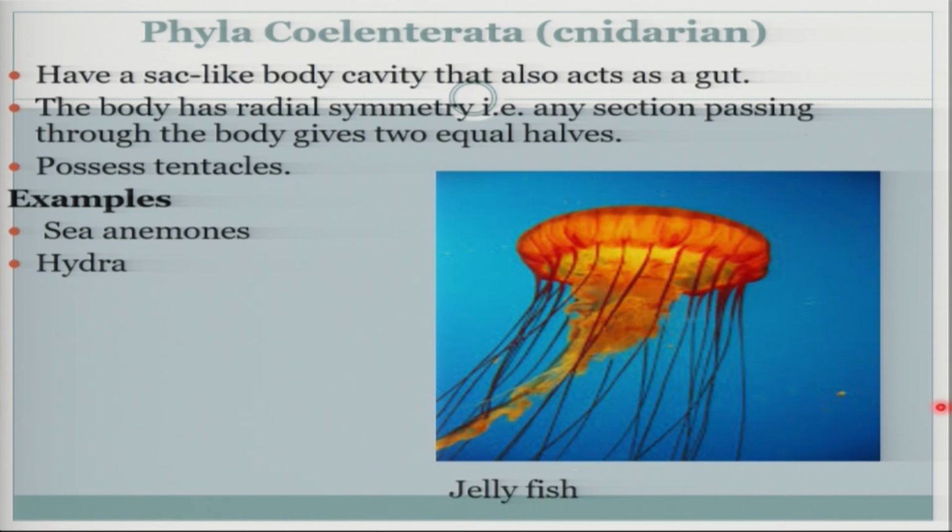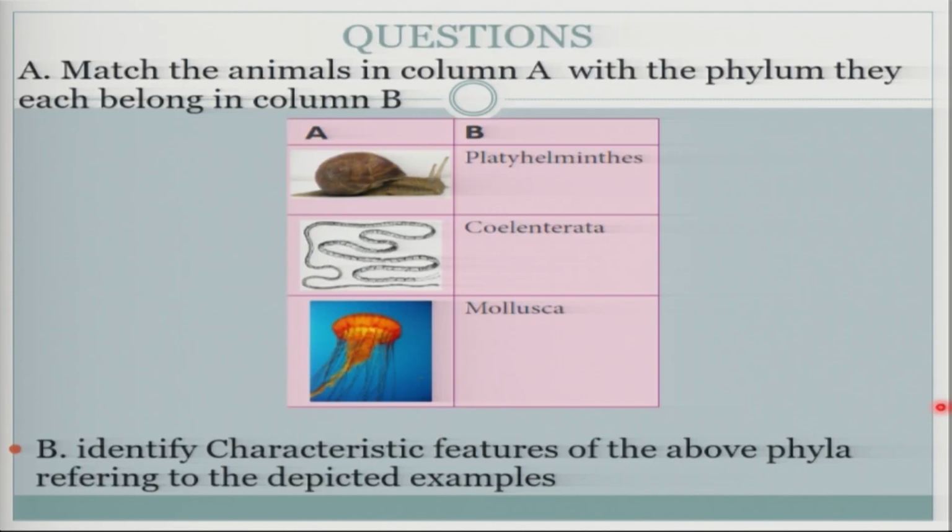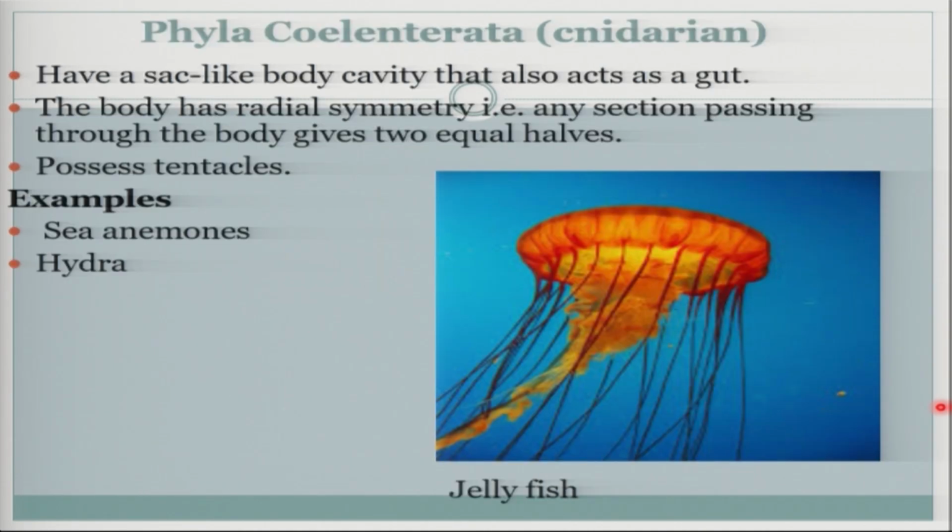So before we look at the questions, I want us to remember that in this Unit 1 that we have been studying, as we are concluding it together today, we have all along been looking at two main phyla: the chordate and the arthropoda.